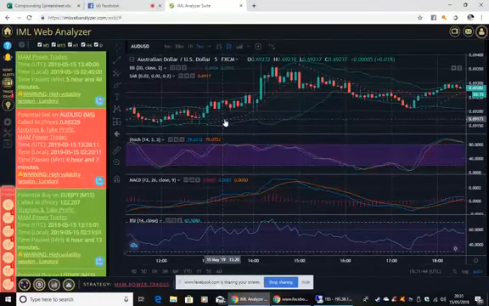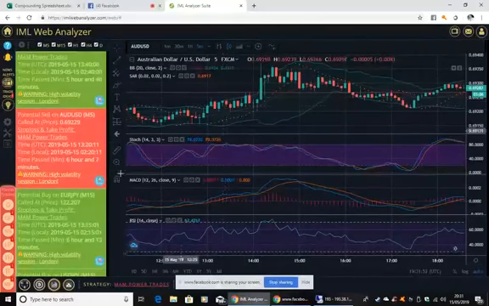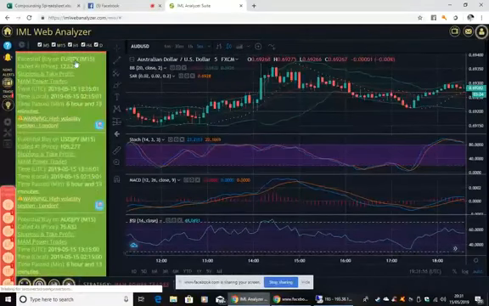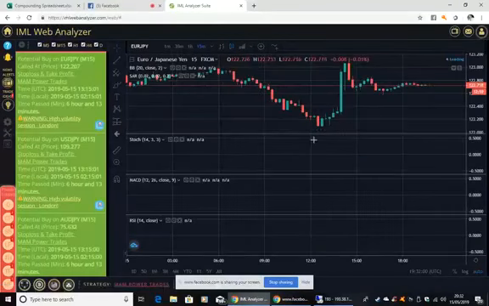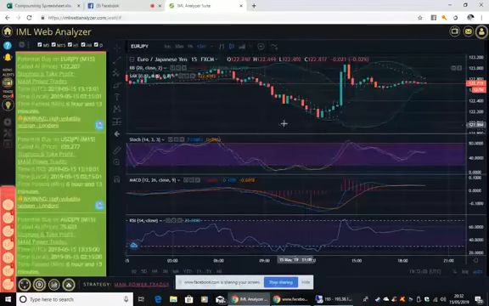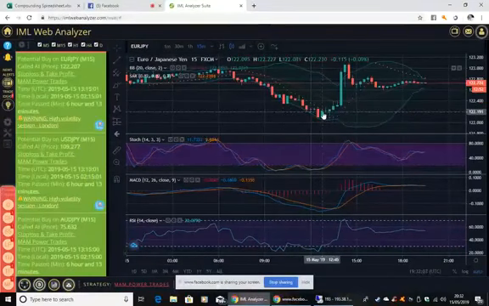So we were looking at 20 past. Euro GPY. Is this loading up correctly? Let's have a look here. 1:15.